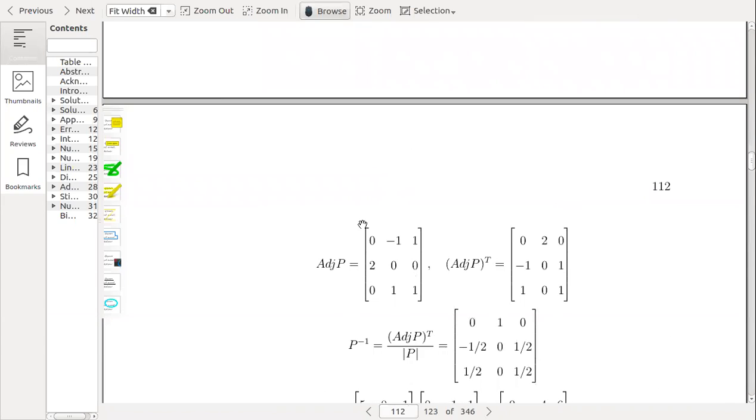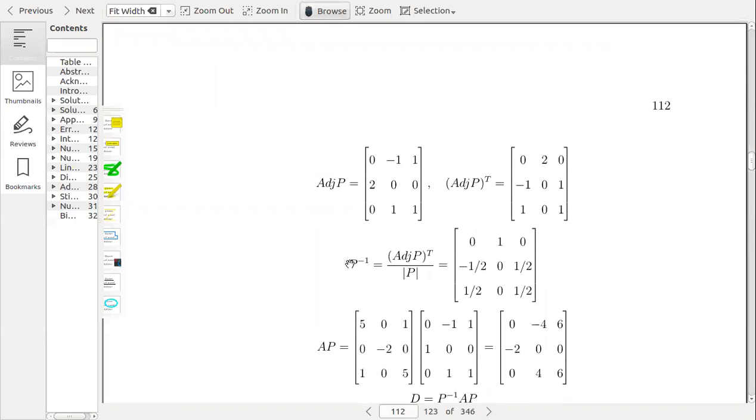So here is the adjoint of P, and then you have to take the transpose of the adjoint of P. So taking the transpose, you will get this: 0, 2, 0, minus 1, 0, 1, and 1, 0, 1. Then P inverse is actually the transpose of the adjoint of P divided by the determinant of P, and you will get 0, 1, 0, minus half, 0, half, half.